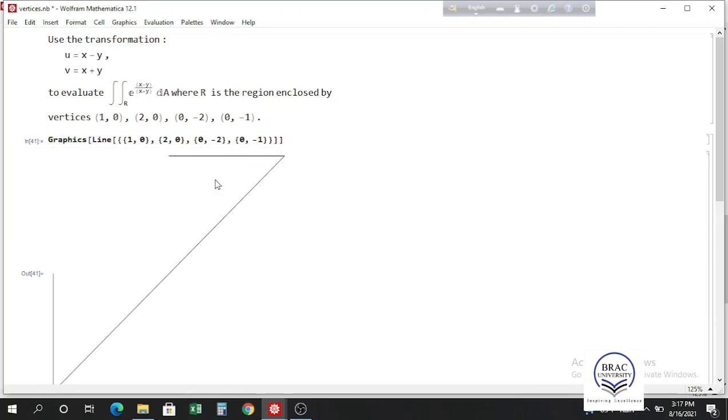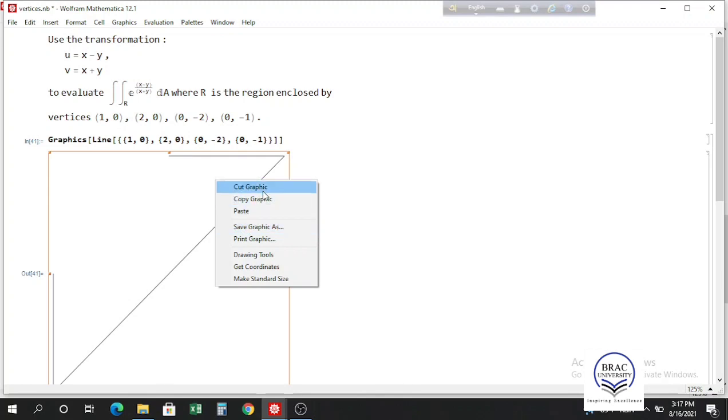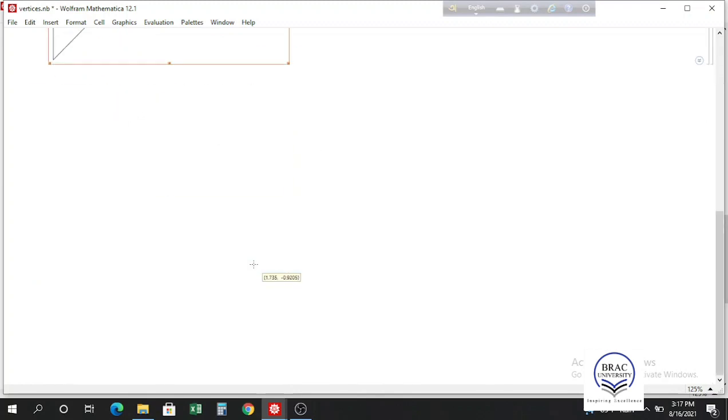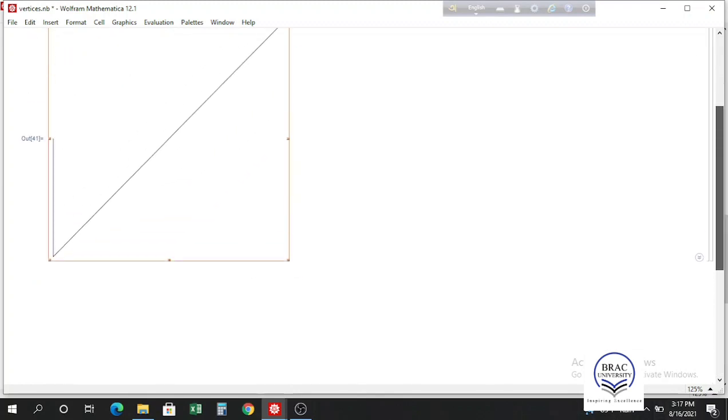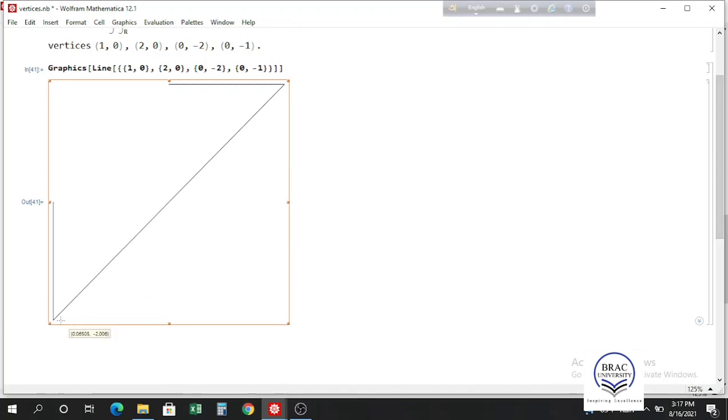So you can see that there are 3 lines actually. If you see the coordinates, this point is 0 minus 2 and this point is 0 minus 1. So this is the y-axis. This point is 1 0. Then we connected 1 0 with 2 0, then 2 0 with 0 minus 2, then 0 minus 2 with 0 minus 1.